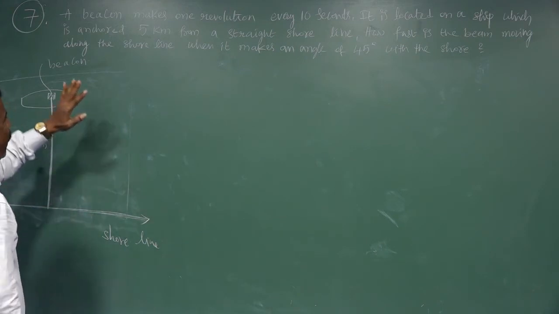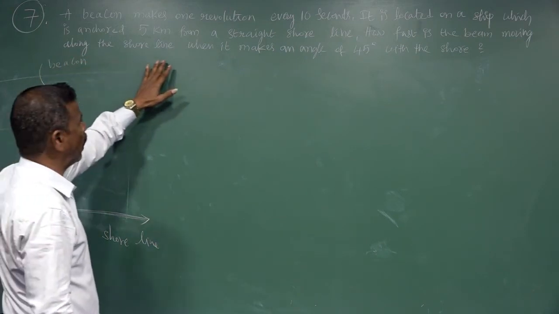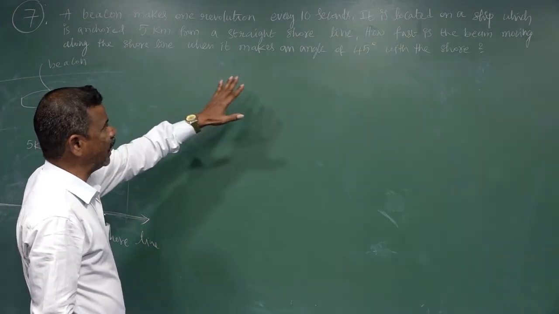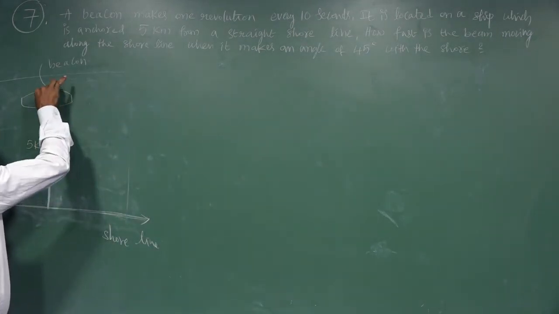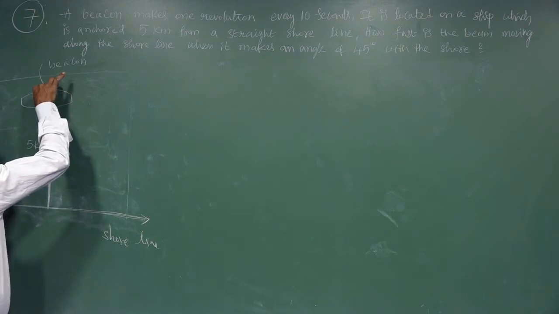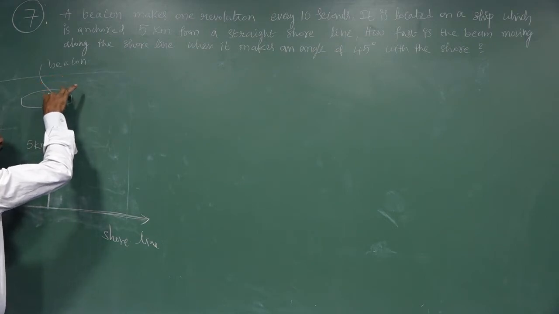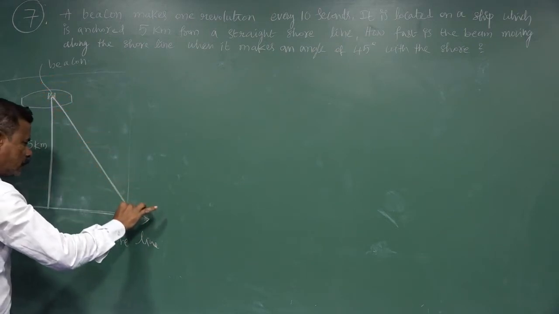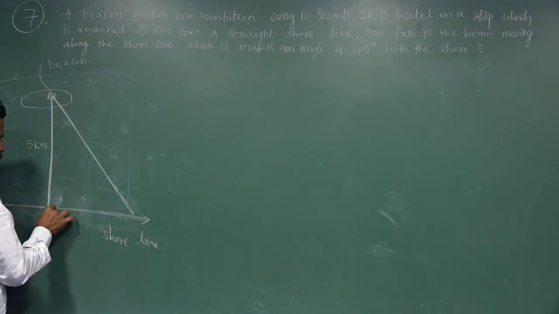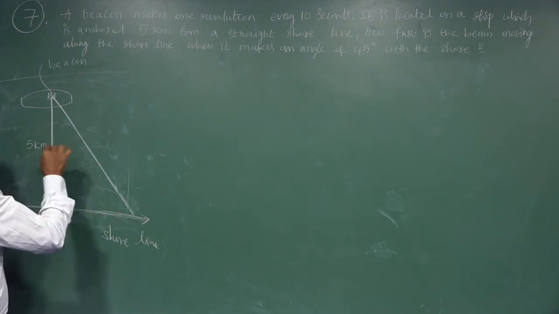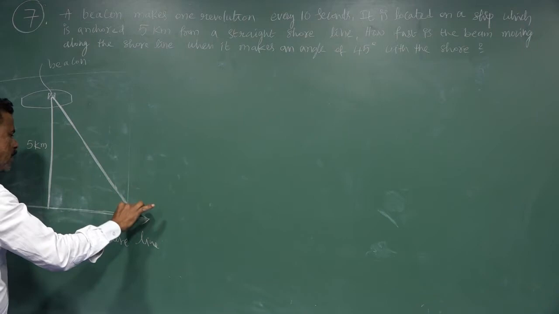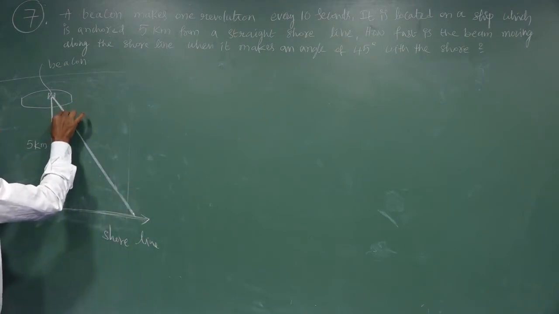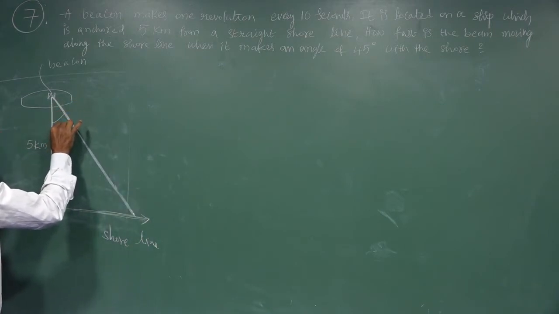How fast is the beam moving along the shoreline when it makes an angle of 45 degrees with the shore? The beacon sends the signals to the shoreline. This is the beam length. The signal angle makes a theta.